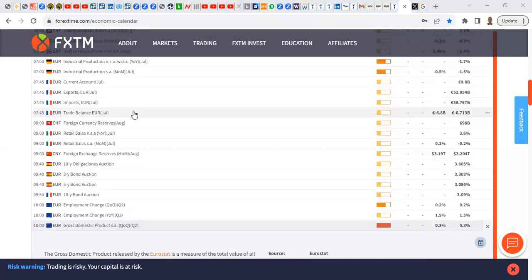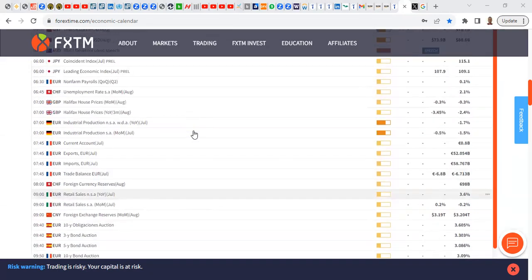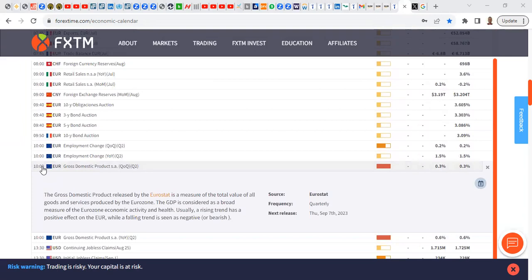That is when you must have come and check the GDP of Euro by 10 a.m. tomorrow. So when you get the actual value of this, it should form your decision to buy or sell.